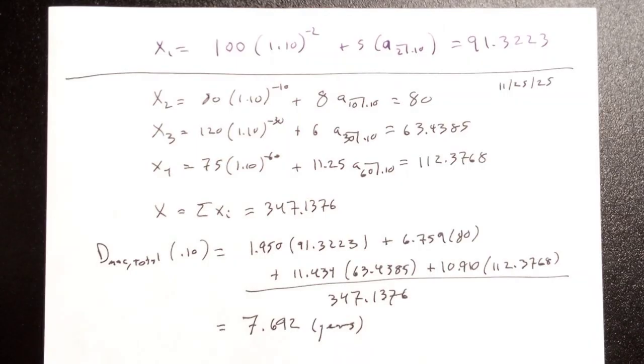How do I get from Macaulay to modified? Excuse me for a second.